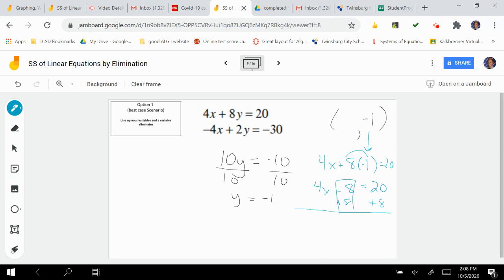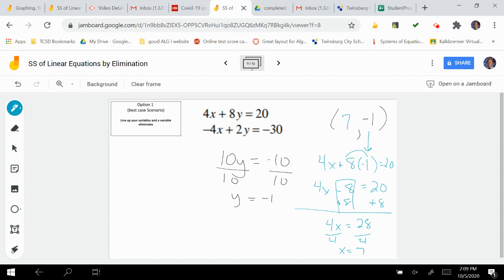This gets us an answer of 0. So I get 4x equals 20 plus 8, giving us 28. And I love that number because it's definitely divisible by 4. And I get x equals 7. So my answer for my ordered pair is 7, negative 1.